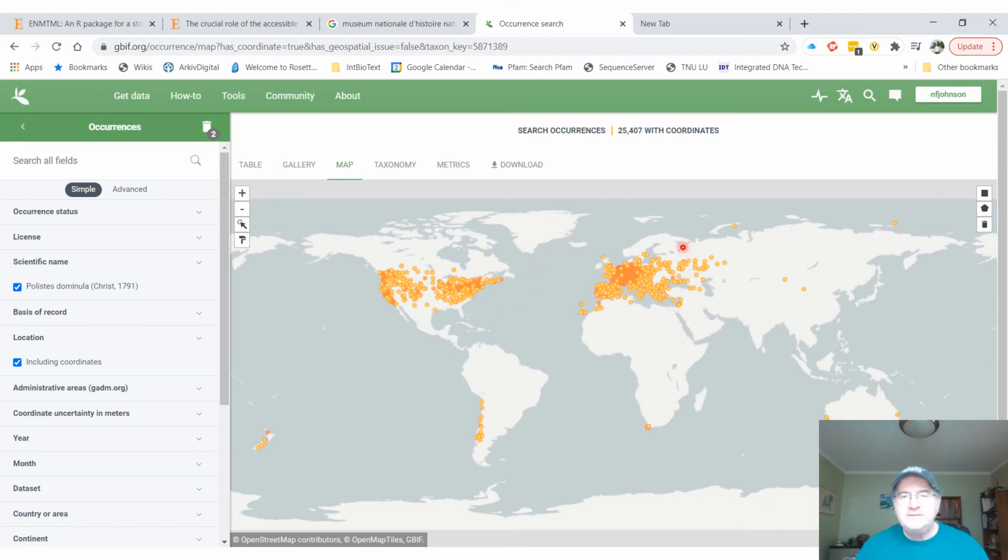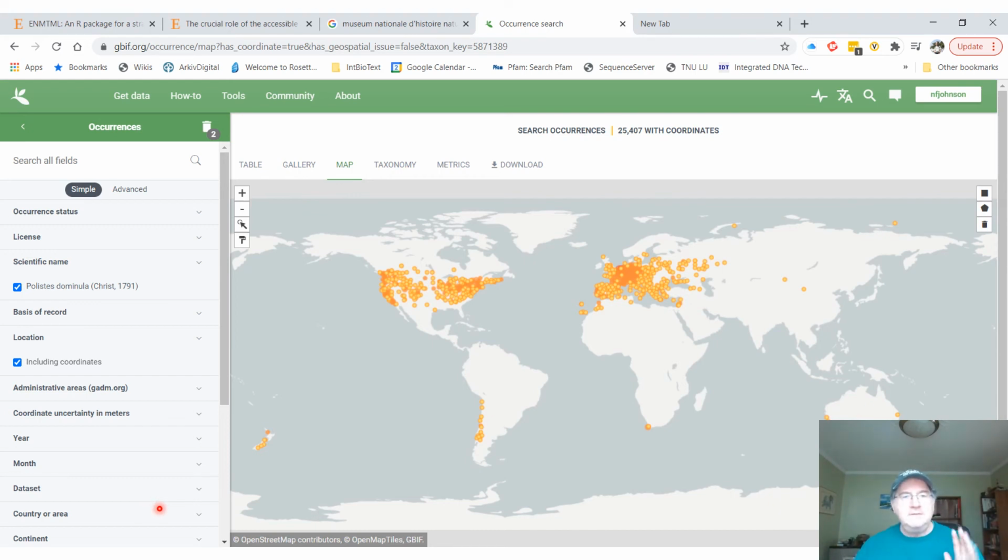So this is the native distribution. Here's how it's been introduced in the eastern United States. Looks like it was introduced perhaps a second time in the western United States. It was introduced into Chile, which is largely temperate in climate. Not sure what I think about this record in Cape Town. It's into New Zealand, and I'm blocking the records that are in Australia. So you get an idea of the geographic distribution of this creature.